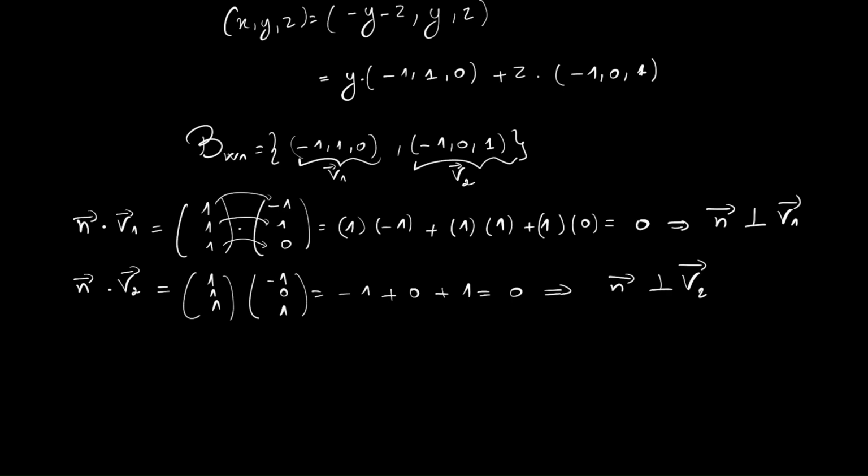To visualize this, we have our plane W1 that contains the origin O, and here our two linearly independent vectors V1 and V2, and the normal vector must be orthogonal to both.